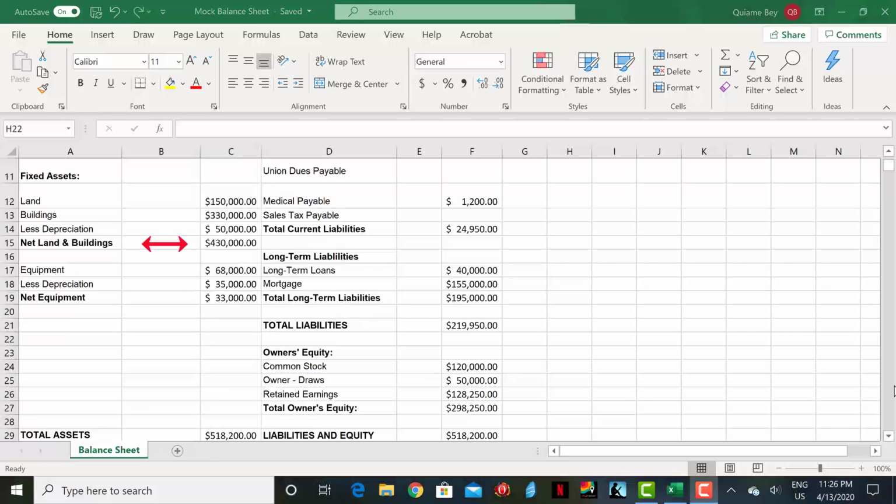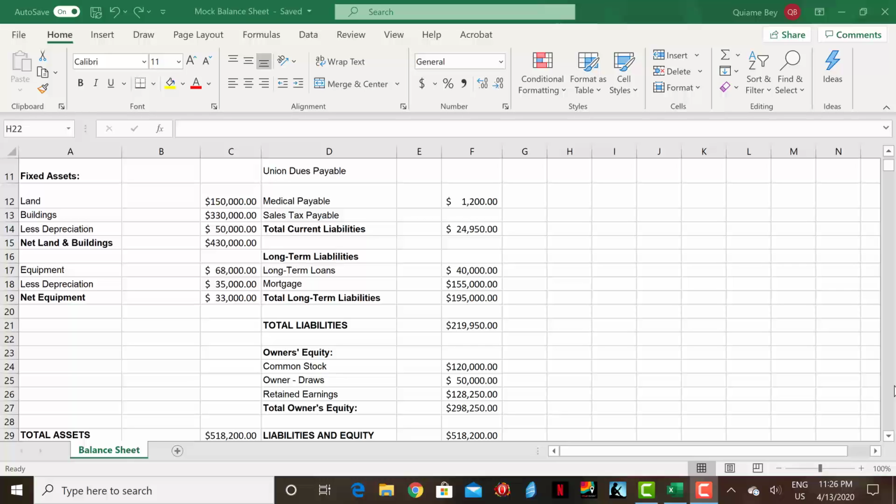The next section we will calculate is net land and buildings under the fixed assets. To calculate the net land and buildings, we will have to insert the proper equation into cell C15. The formula we will enter is equals C12 plus C13 minus C14. The reason we are subtracting cell C14 is because of depreciation.